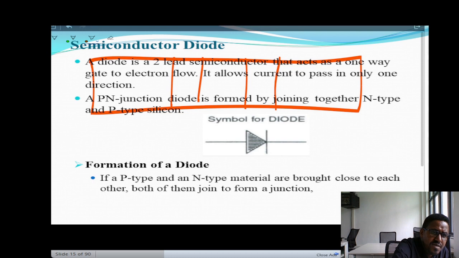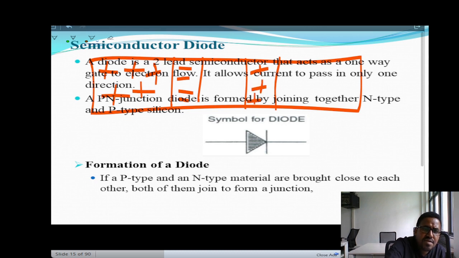The formation of negative ions on the side of P and positive ions on the side of N results in a narrow charge region on either side of the p-n junction.